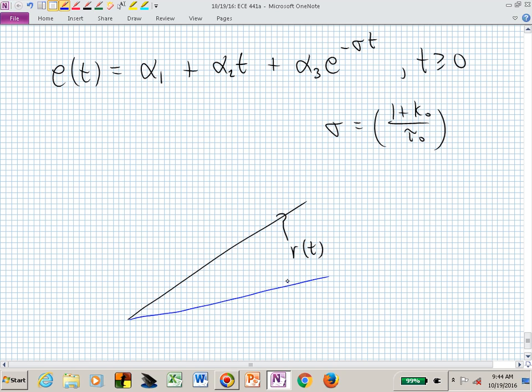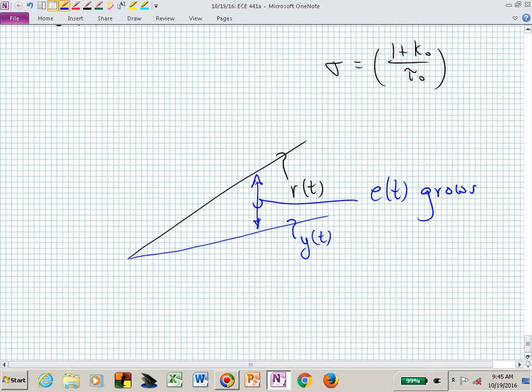This is our y of t, and this is our error signal, and that's growing with time. That's growing as alpha sub 2 t. So we can't catch up. We want to go here, and we just can't keep up. That's our difference, and that was a type 0 system.